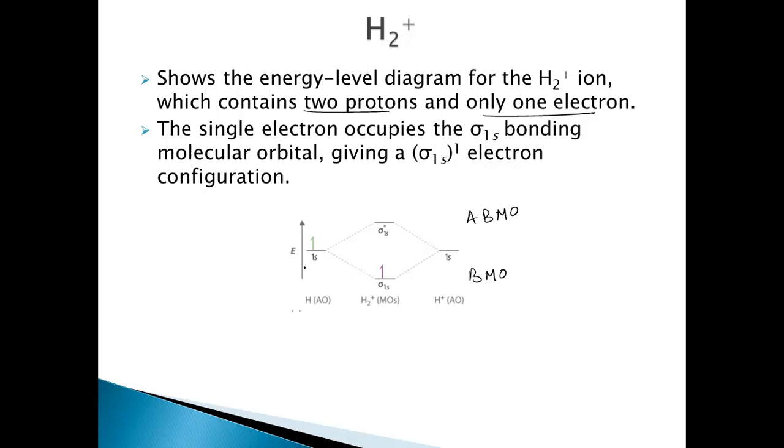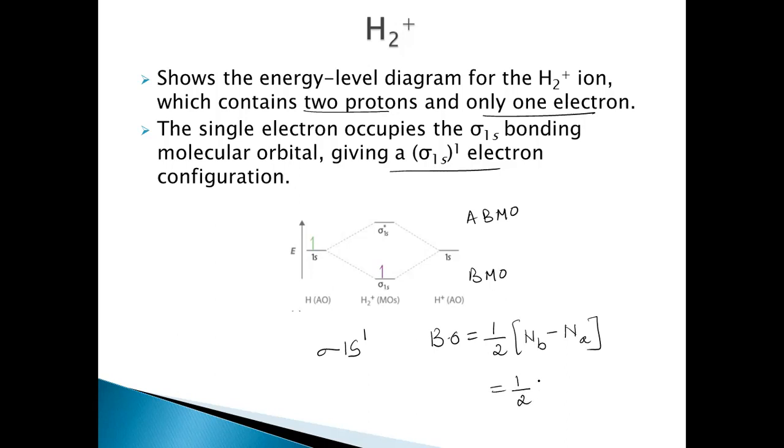The one electron contributed by the H atom goes into the lower energy orbital, the bonding molecular orbital. How do you represent the electronic configuration? Sigma 1s, and the one electron in the bonding molecular orbital is written as a superscript. That's the electronic configuration. How do you calculate the bond order? Half into the number of electrons in the bonding molecular orbital minus the number in the antibonding molecular orbital.